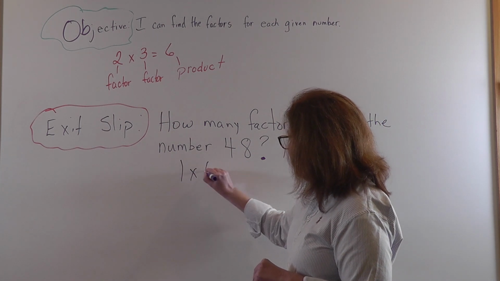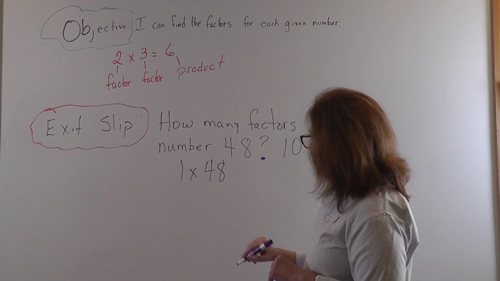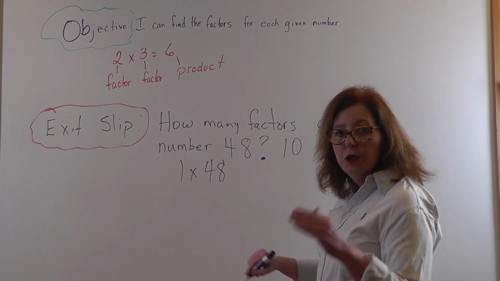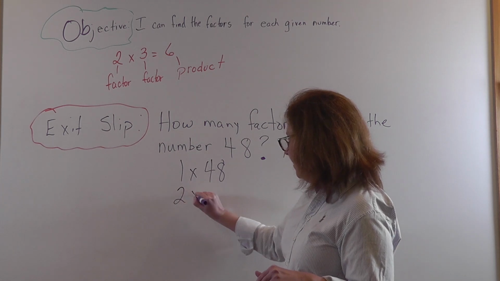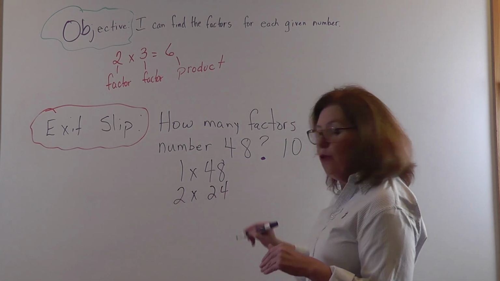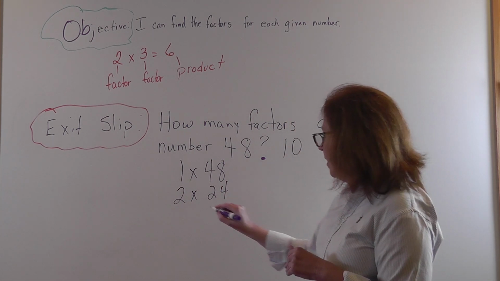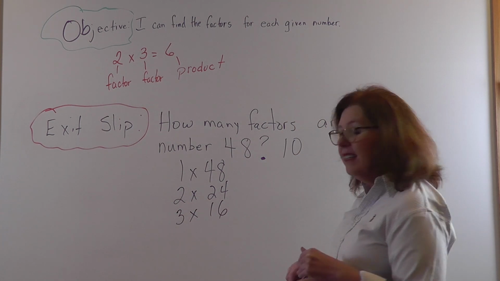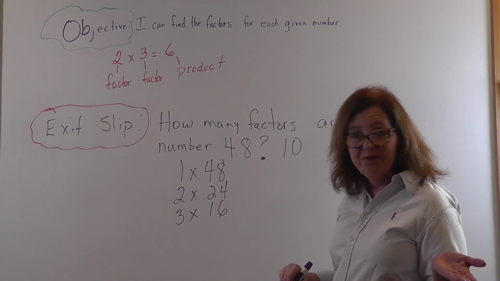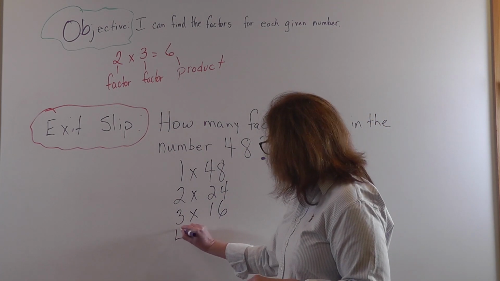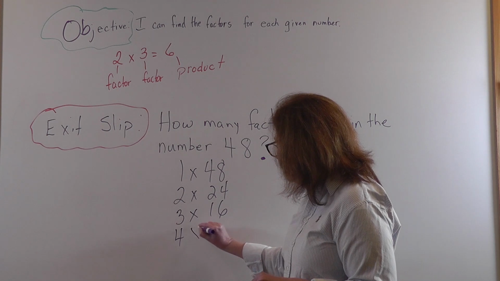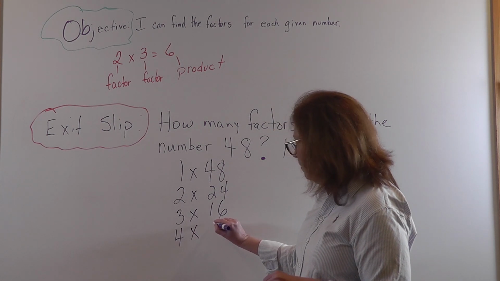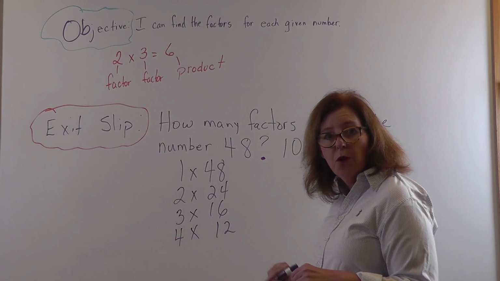1 times 48 is 48. 2 times 24 is 48. 3 times 16 is 48. 4 times 12 is 48.